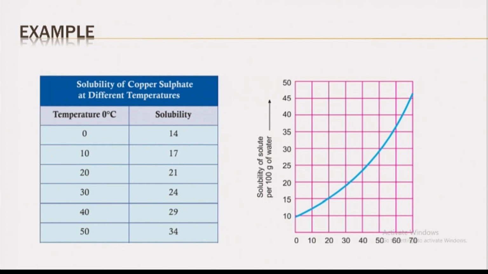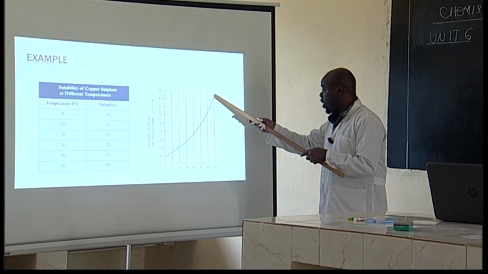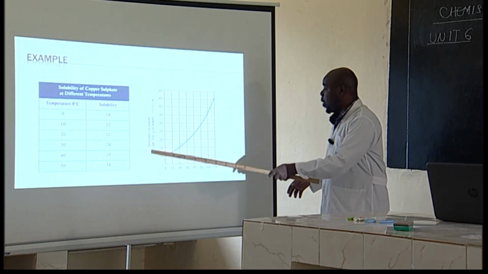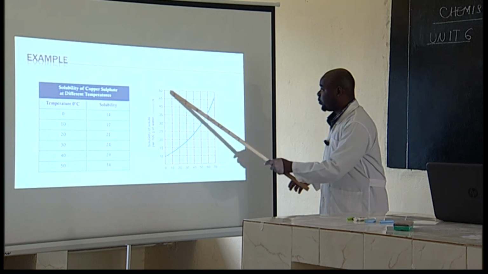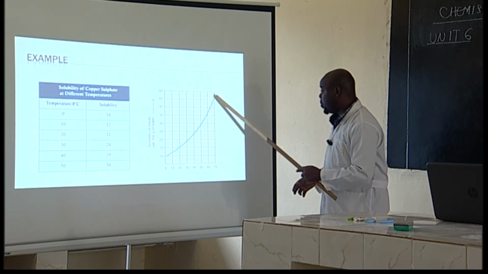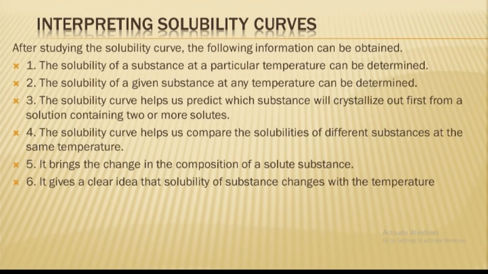Clear? If you consider this 70, as it increases, you go higher in the values of y, then you get what? You can get the value of y corresponding to this temperature of 70. So from the solubility curves, we can determine the solubility of a substance at a particular temperature.